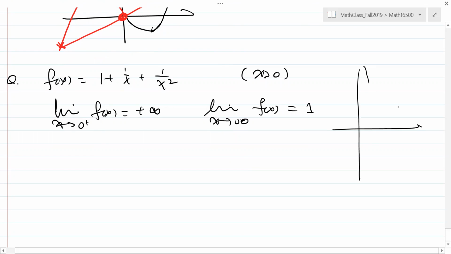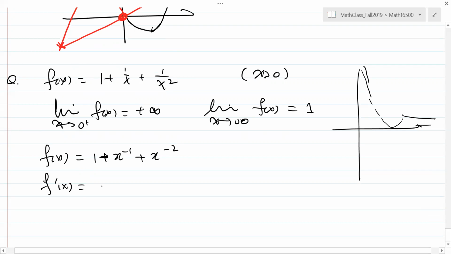So the graph looks like that, right? Goes to the infinity, goes here. So I'm not sure it's going down a little bit or just decreasing always. Okay, so we have to find the derivative. It's 0 minus x to the negative 2 minus 2x to the negative 2.